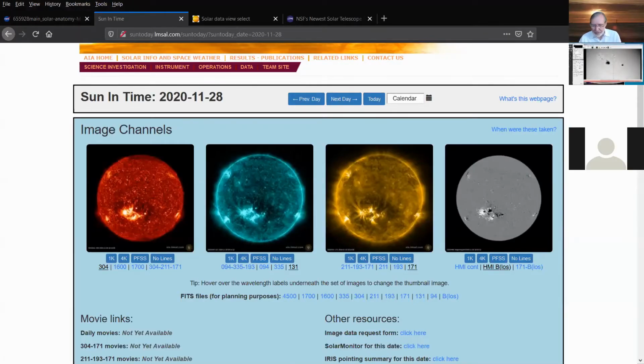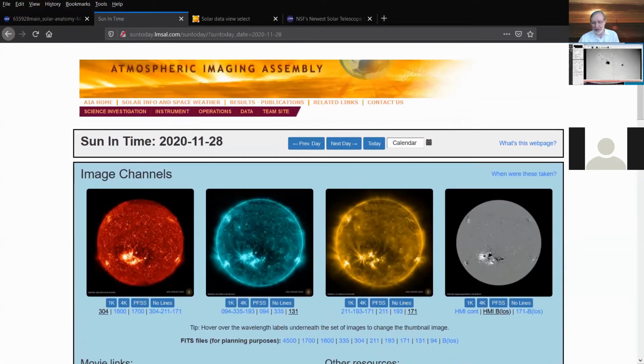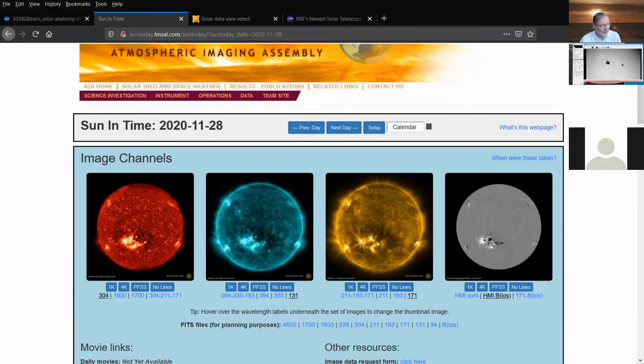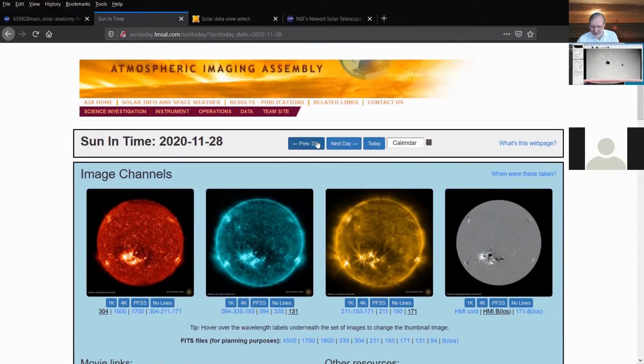This is one of the home pages of a satellite that is up in Earth orbit, and it's watching the sun all the time. We have the SDO satellite and the atmospheric imaging assembly.